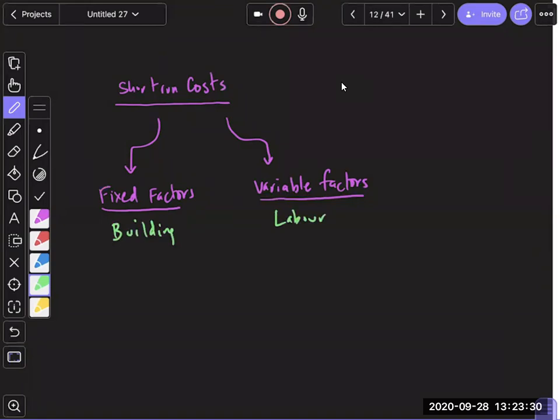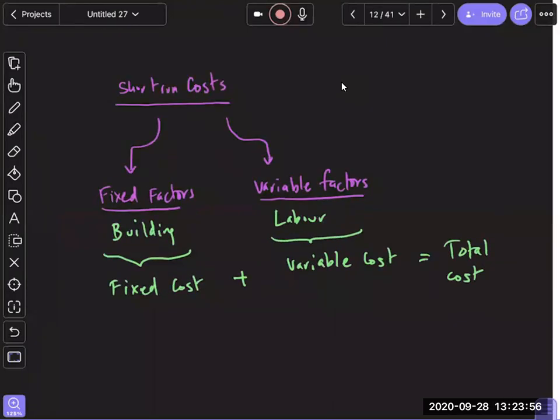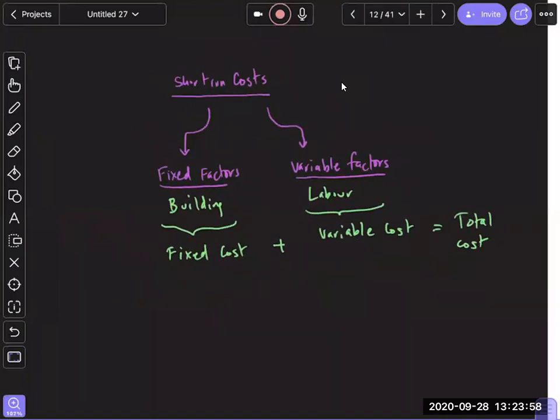So when you look at building as a fixed factor, it results in what we call a fixed cost. And a variable factor will result in what we call variable cost. Fixed cost plus variable cost will make up your total cost. For example, remember the washing company.